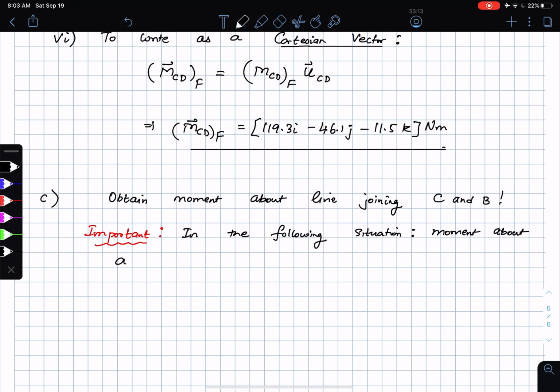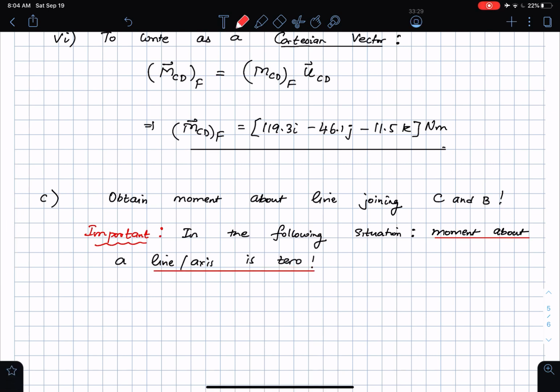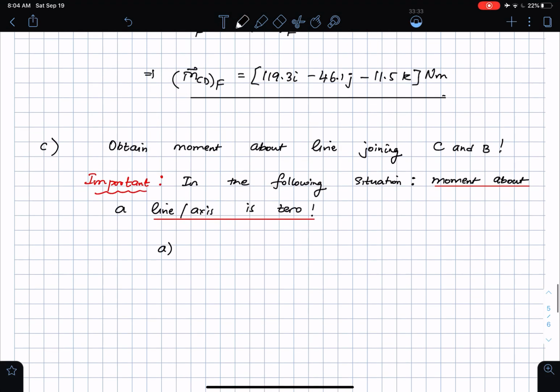The moment about a line or an axis is zero. And what are the two situations? There are actually two situations that you can find out. The first is this: one is if the line of interest intersects the line of action of the force.